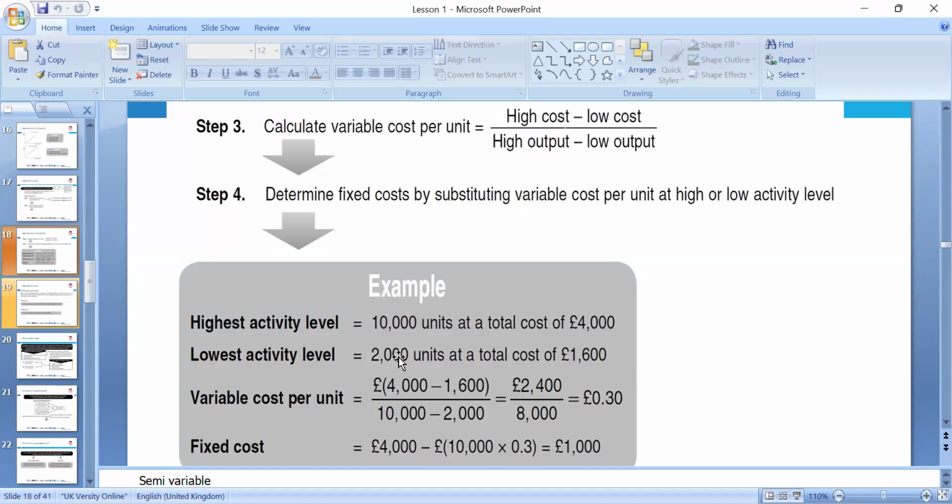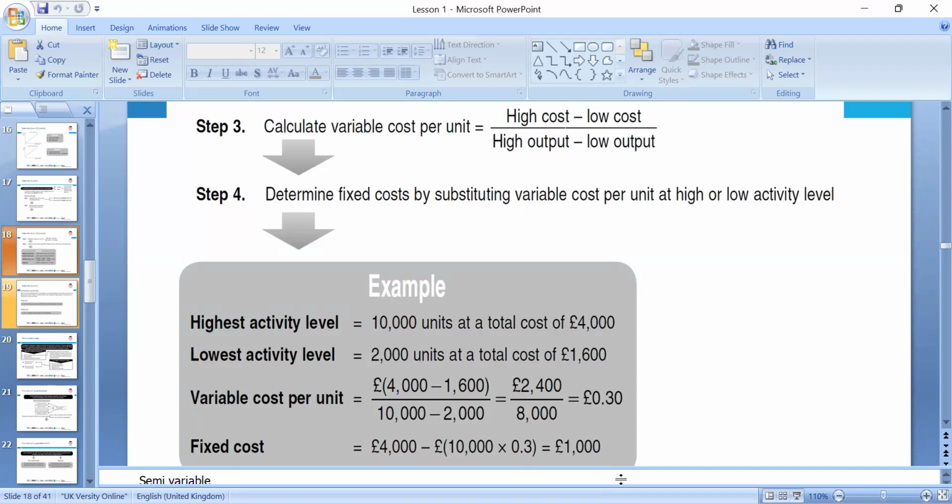So if I look at 2,000 units, 2,000 times 0.3 comes to 600. You've been given 1,600. So 1,600 minus 600, your answer is 1,000.